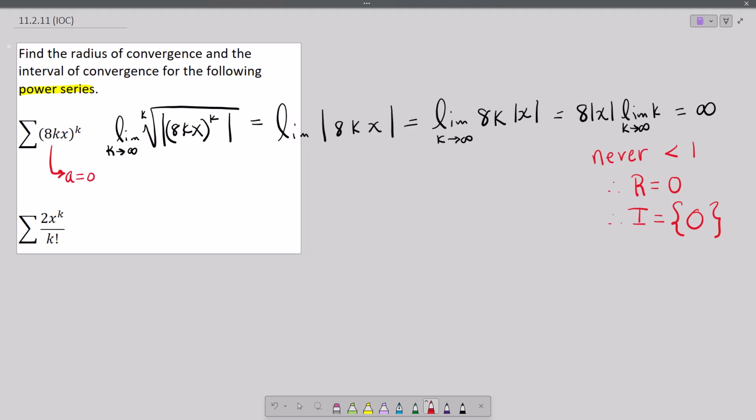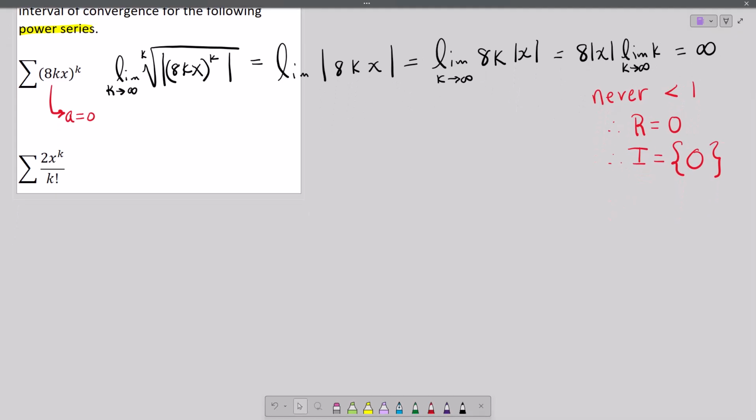Every series converges at its center. If you plug in the center, you get a bunch of zeros everywhere. So adding up a bunch of zeros converges. If this thing is never less than 1, then you only have that very limited convergence. It only converges at its center.